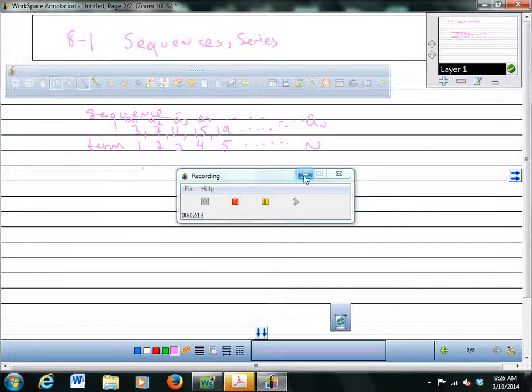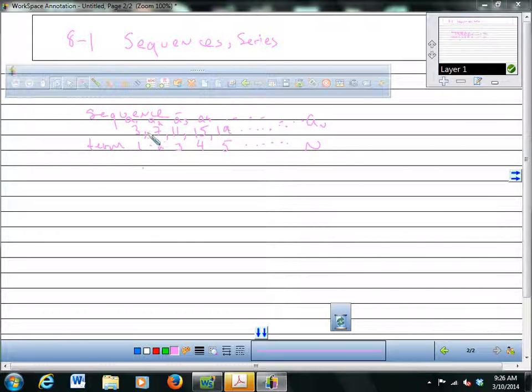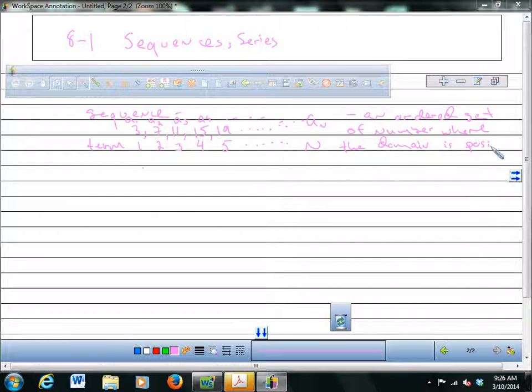And so the difference between a linear equation and a sequence is that a sequence is an ordered set of numbers where the domain is positive integers.